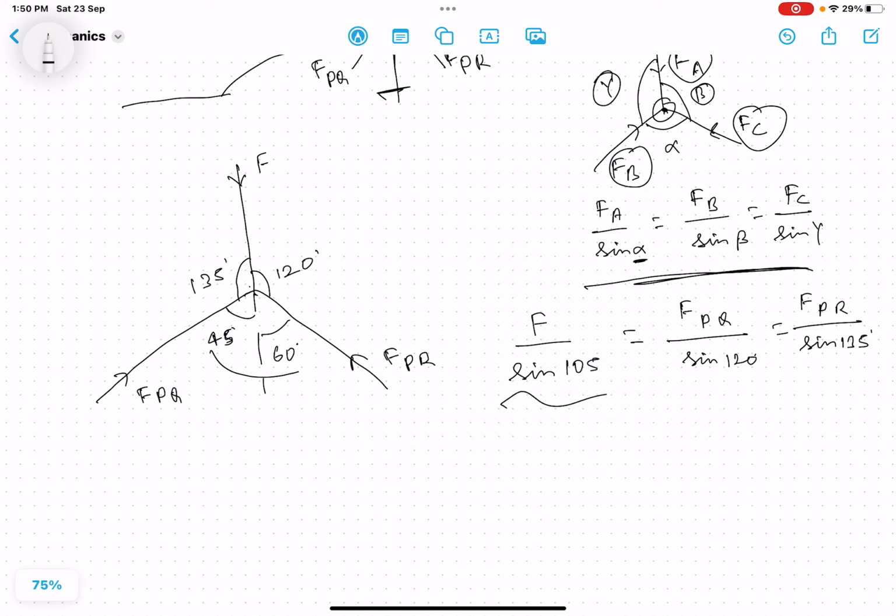So we will first take these two. So F of PQ will be equal to F times sine of 120 divided by sine of 105. After calculating this, we can say that this is 0.896 of F.